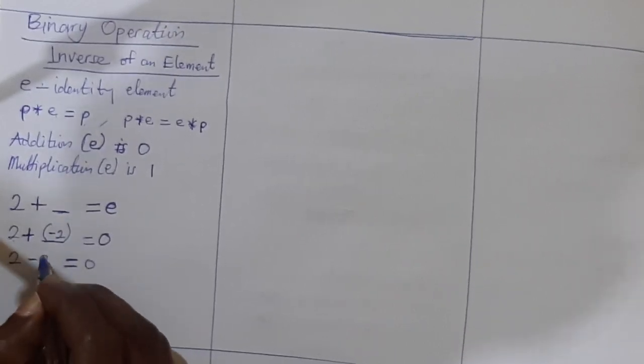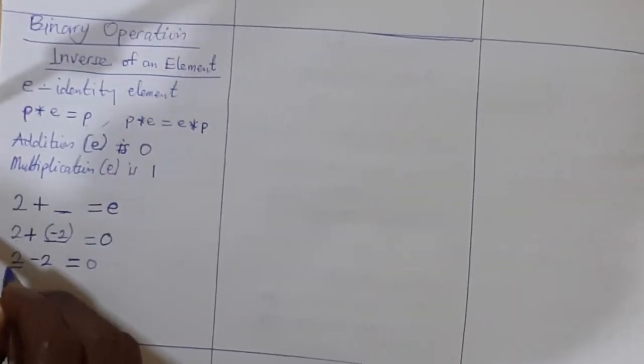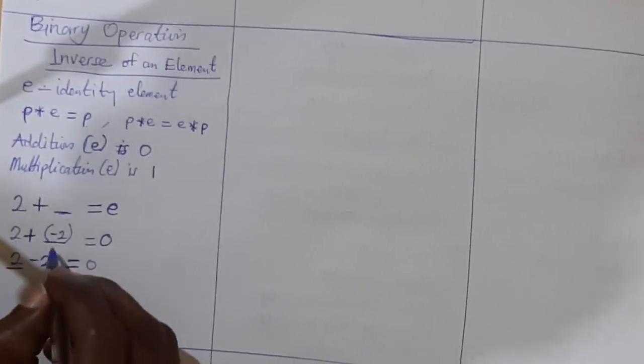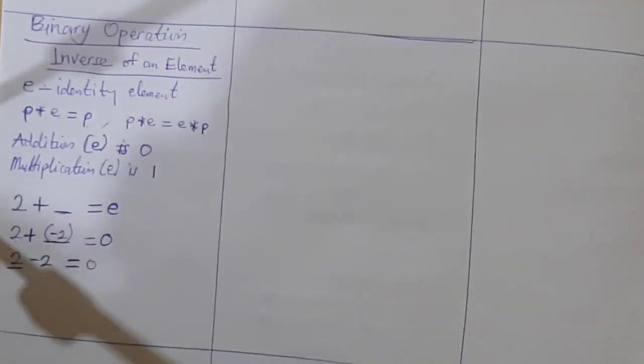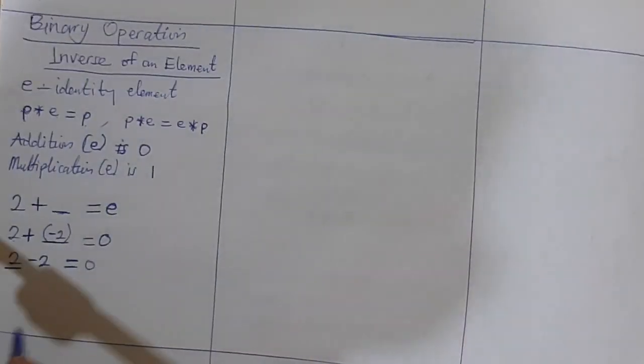So the inverse of the value 2 is negative 2 for addition.